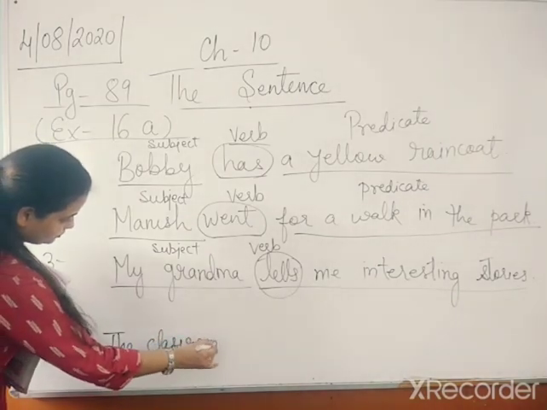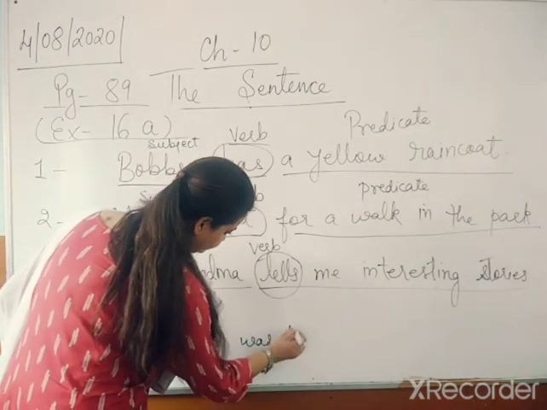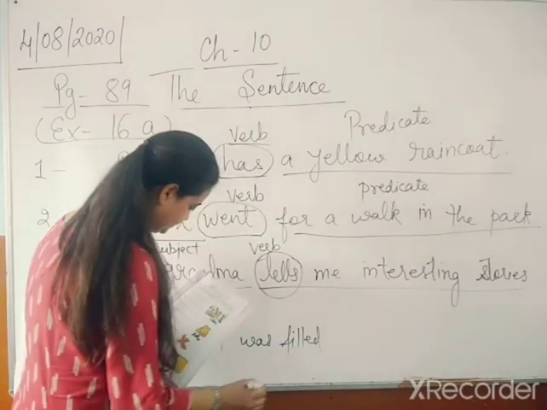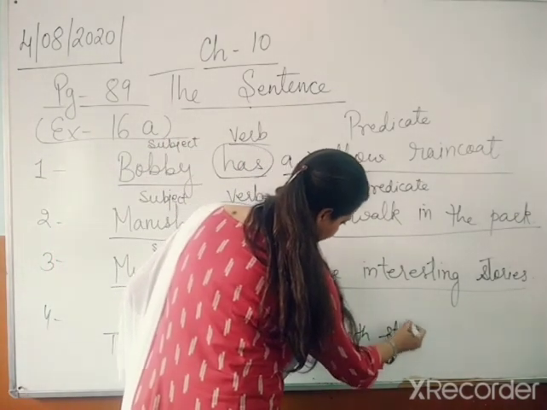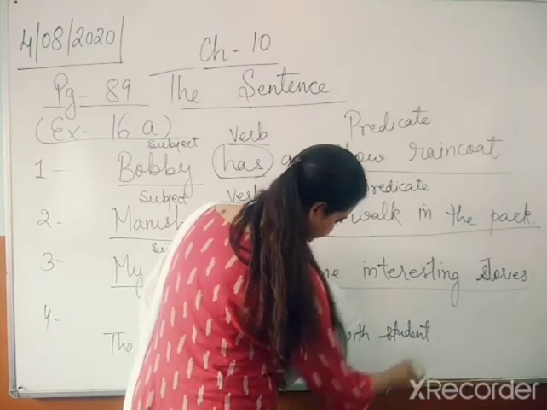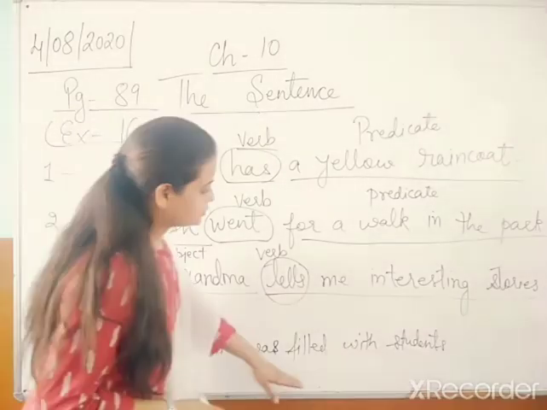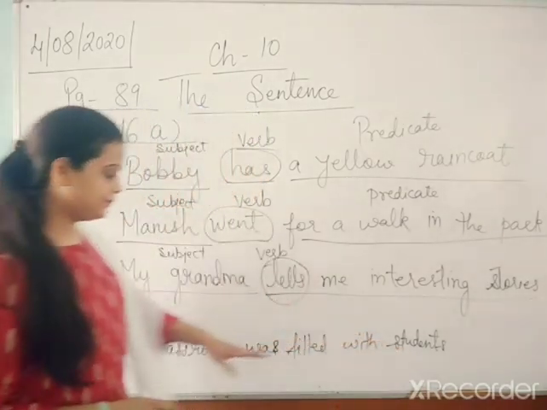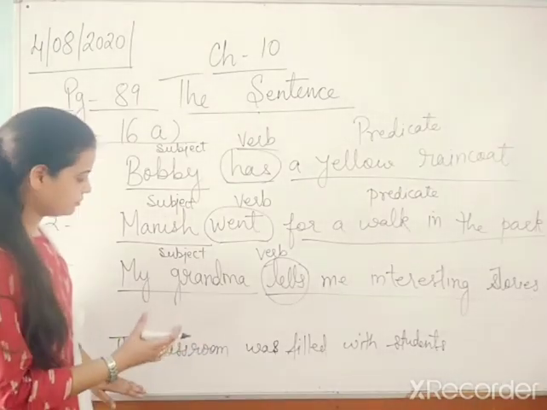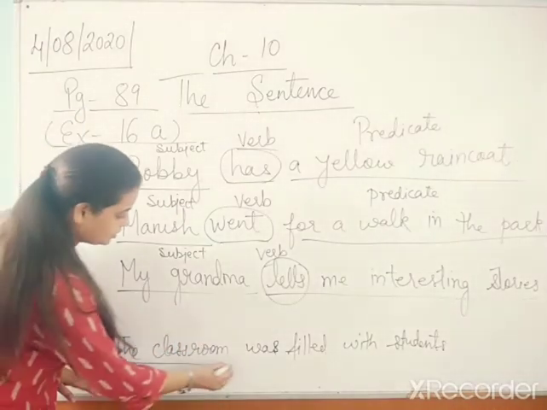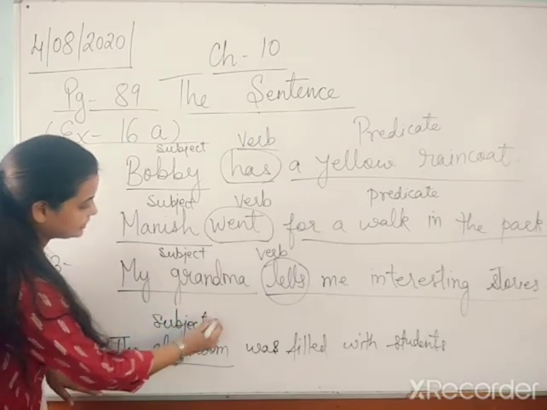The classroom was filled with the students. Okay. So over here you can see the classroom. We are talking about the classroom. Okay. So classroom is your subject. And what is being said about the subject?